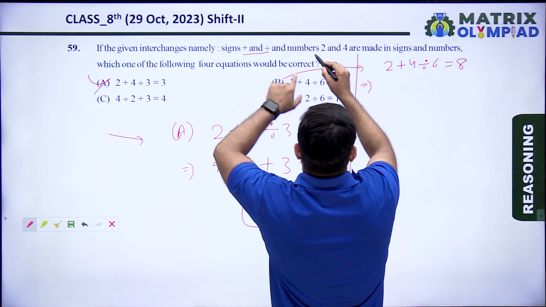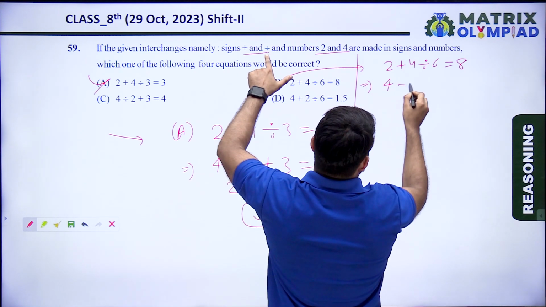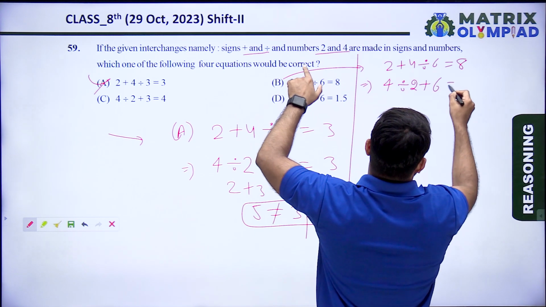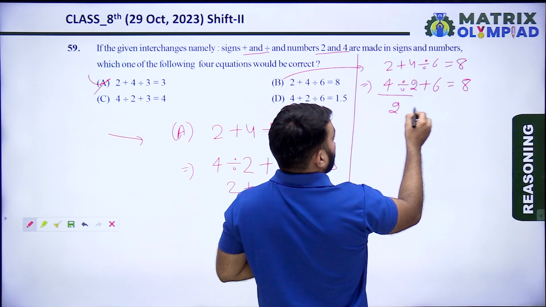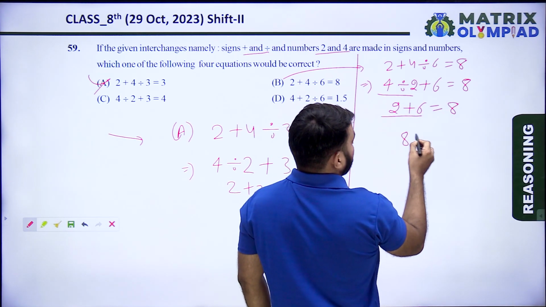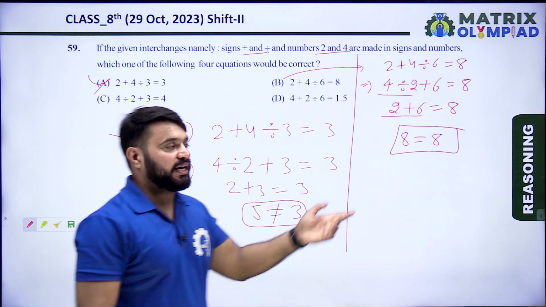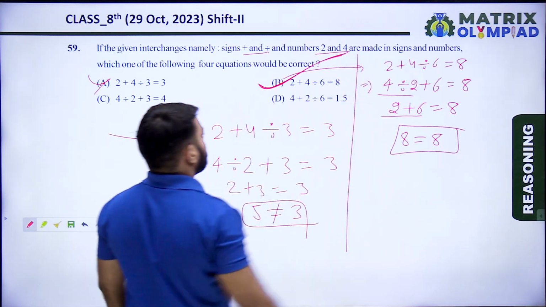So 2 means 4, plus means divide, 4 means 2, divide means plus, 6 is equal to 8. So 4 divided by 2 means 2, plus 6 is equal to 8. So 2 plus 6 means 8. 8 is equal to 8. Yes, 8 always equals 8. So here option B is the correct answer of this question.